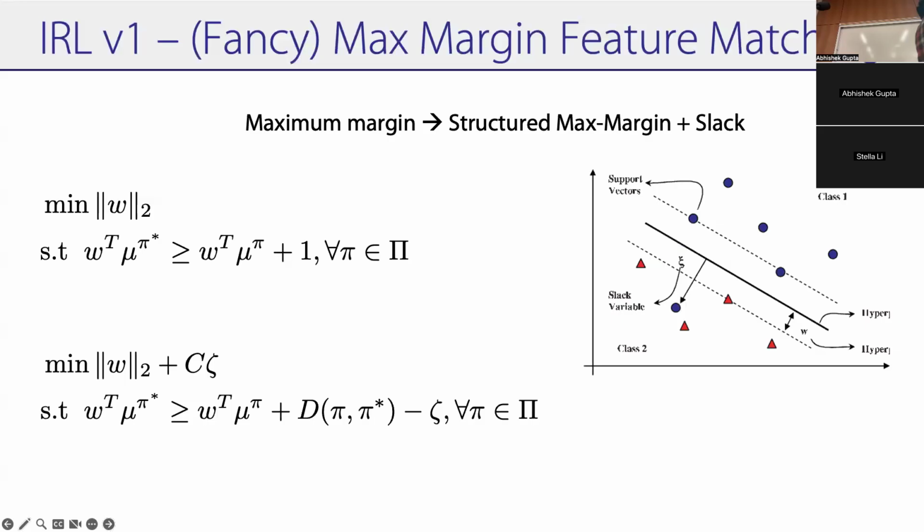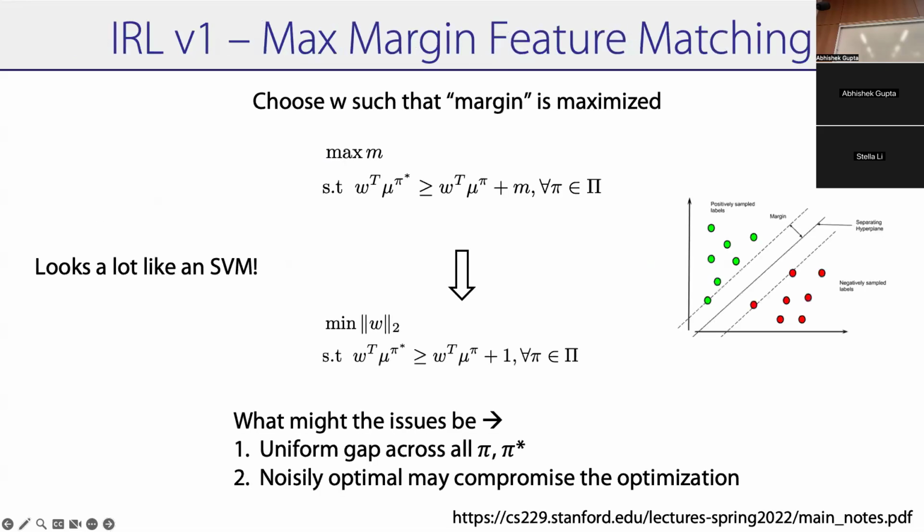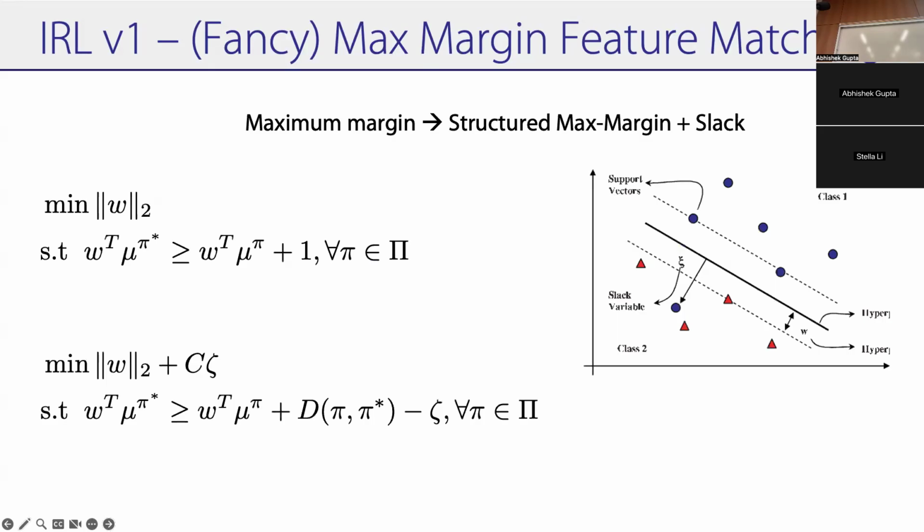The first change is a structured margin: rather than the margin just being one for all policies, the margin depends on the particular pi. So if you know things about your problem, you can inject that, so the difference depends on how good or bad that particular policy pi is, if you have expert knowledge.